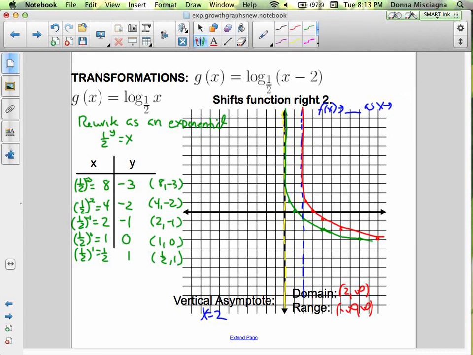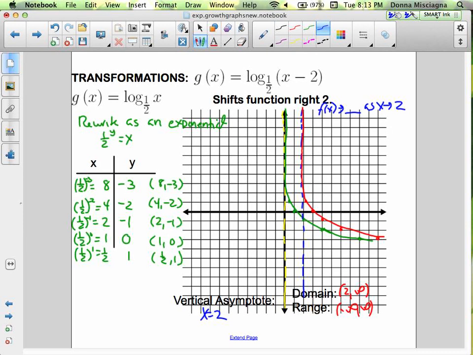No. The smallest x goes is 2. Remember, we got that restricted domain, so 2 to infinity. Silly me, I started to put down negative infinity because you get used to doing that, and then you look at your function and go, whoa, I'm graphing a log function. It's got the restricted domain.